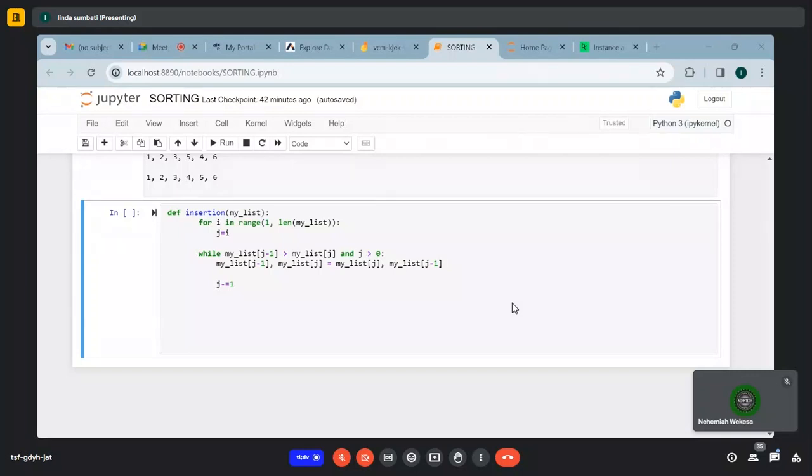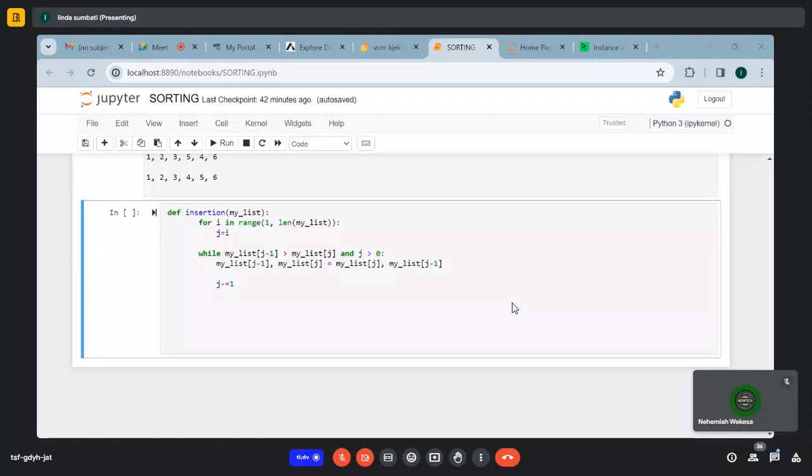Because if we look at the first thing, we took the function insertion. Then the outer loop iterates through the range, and it assumes 2 is the first one, so we place 1, meaning that it starts from index 1, position 1 of our list. Then it iterates through each element of the list. Then it checks if my list j minus 1 is greater than my list j, and whether j is greater than 0.